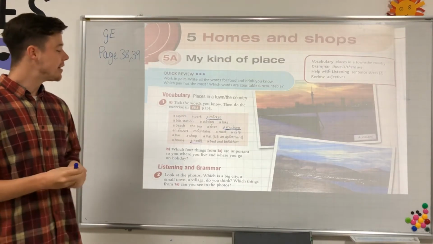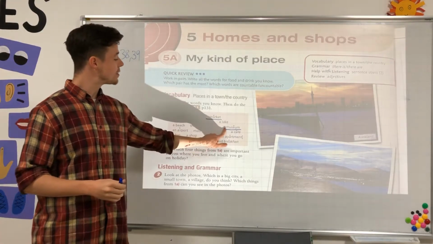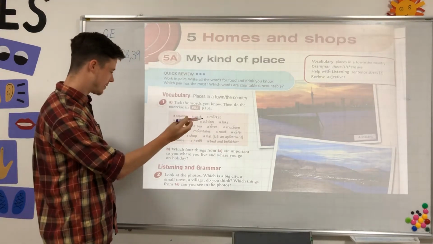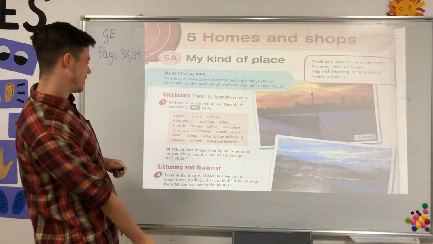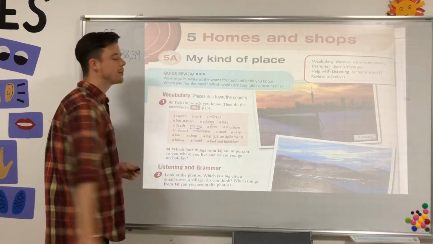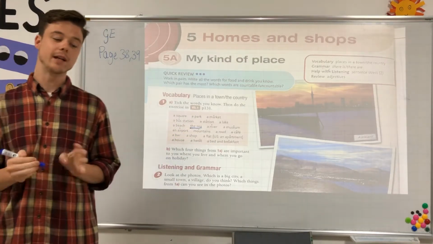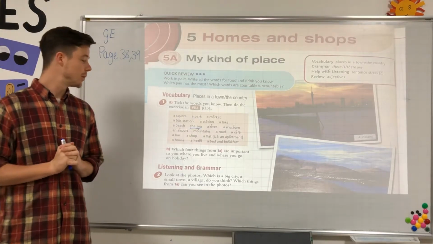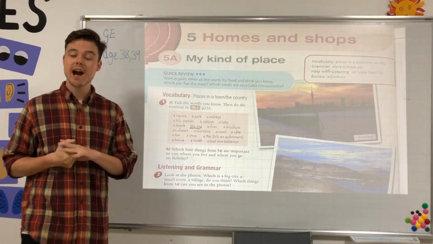Now, Liverpool is close to the sea. Where's the sea? Liverpool is close to the sea, okay? So the sea is actually very important in Liverpool. It is close to the Irish Sea.